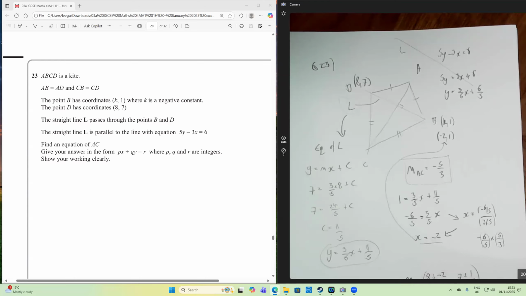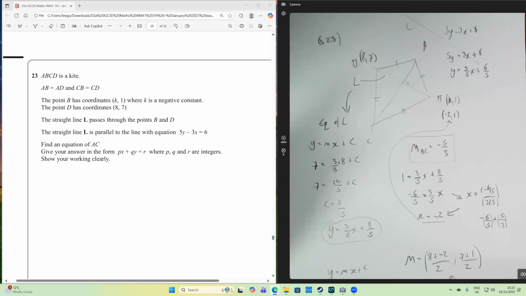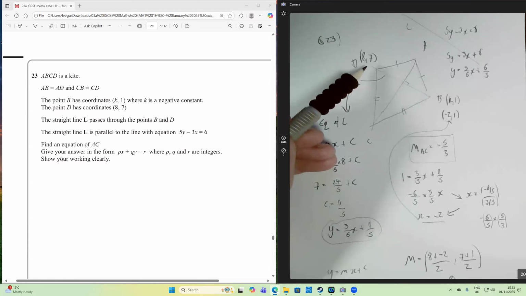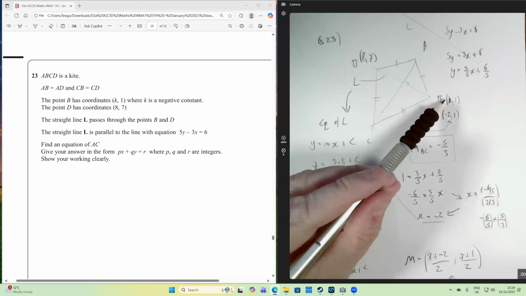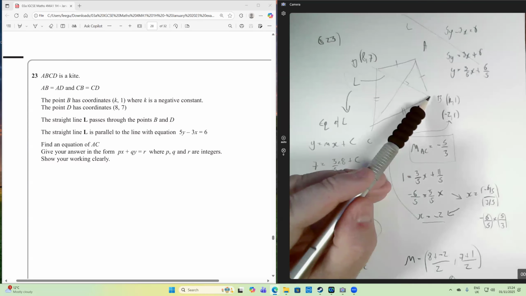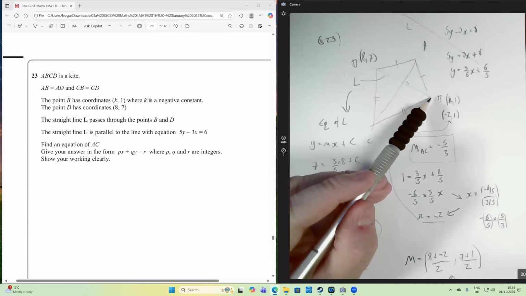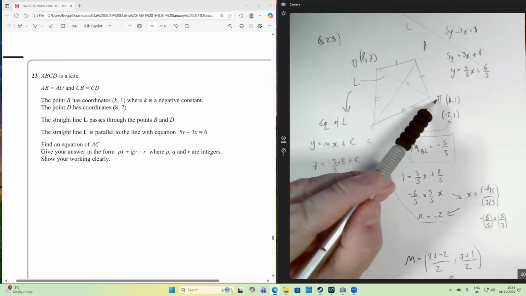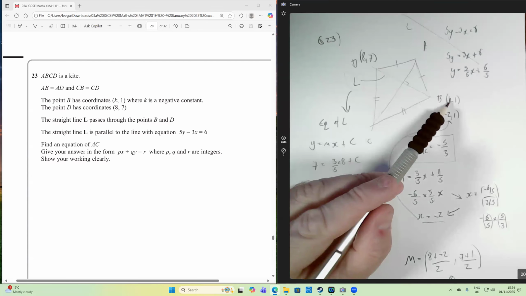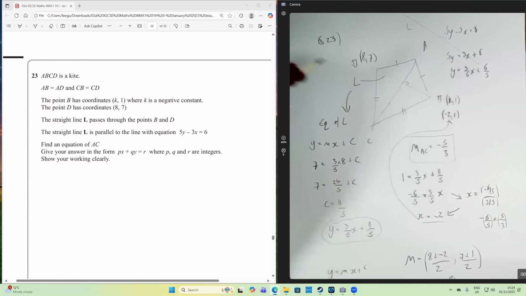Okay, so I've drawn just a generic rough sketch of a kite. I've put on there the point D, which is (8, 7), and my point B over here, which I've called (K, 1). Now, they tell us that K is a negative constant, so my diagram's not the best in the world.